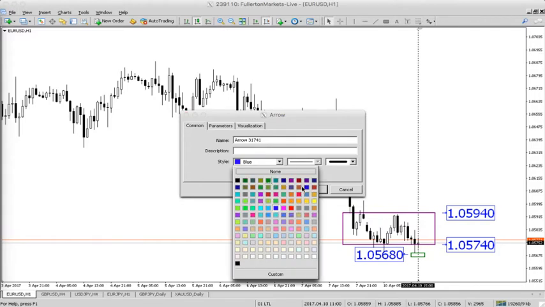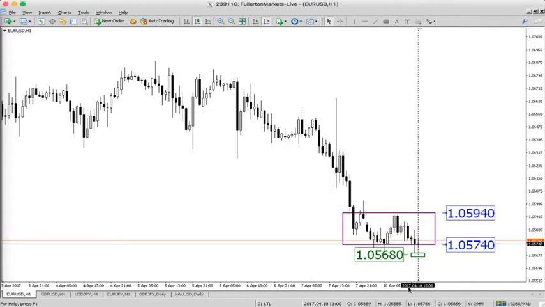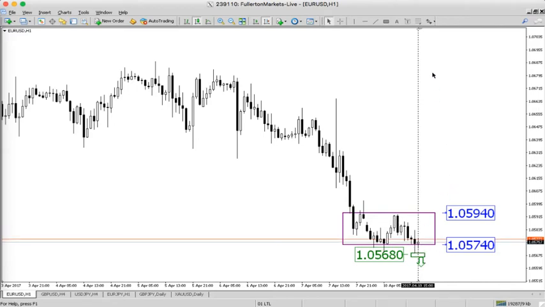Green color for entry. If a candle closes at 1.0568 or lower, that would be my criteria to go short. So this is my typical way of a breakout trade.